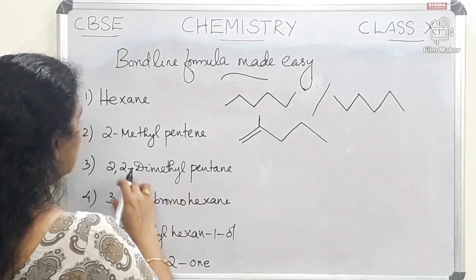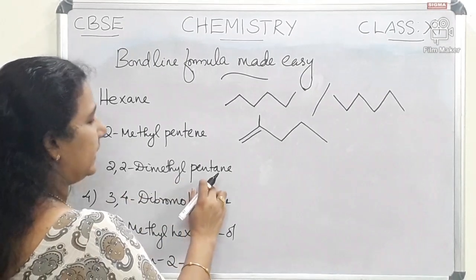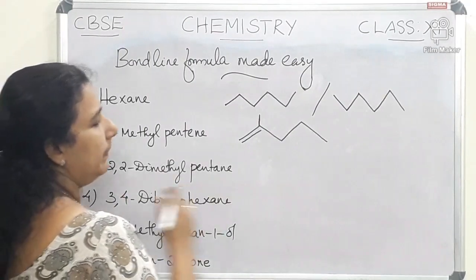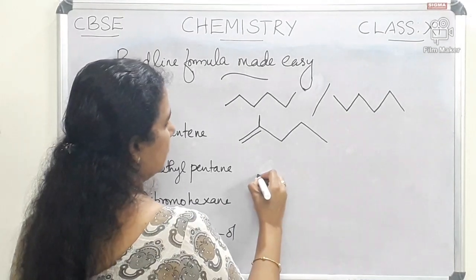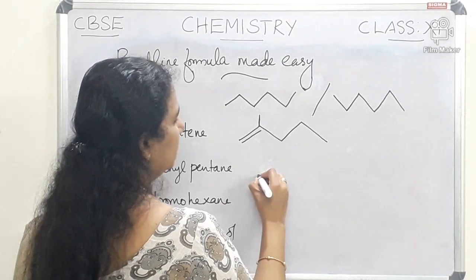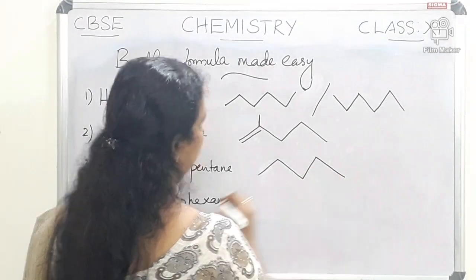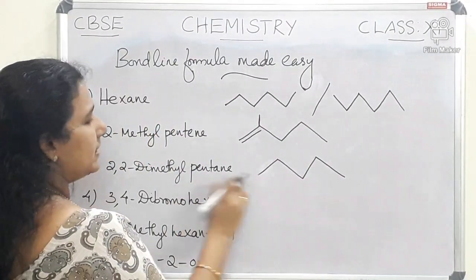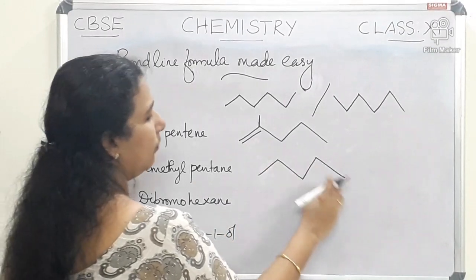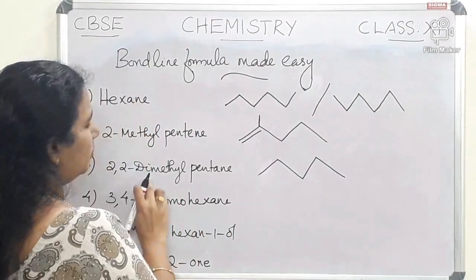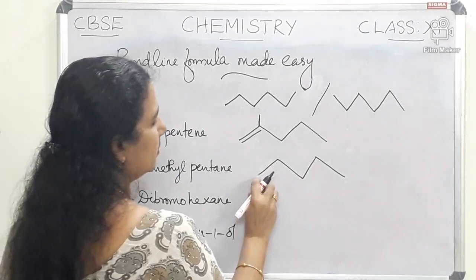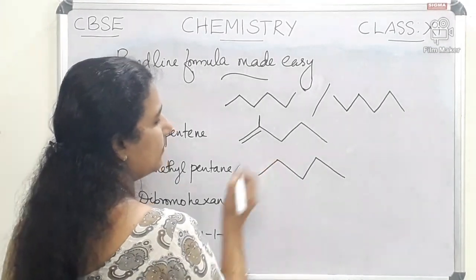Then the next one is 2,2-dimethyl pentane. We can write 1, 2, 3, 4, 5. It is pentane: 1, 2, 3, 4 and 5. It is 2,2-dimethyl, so this is the first position, this is the second position.